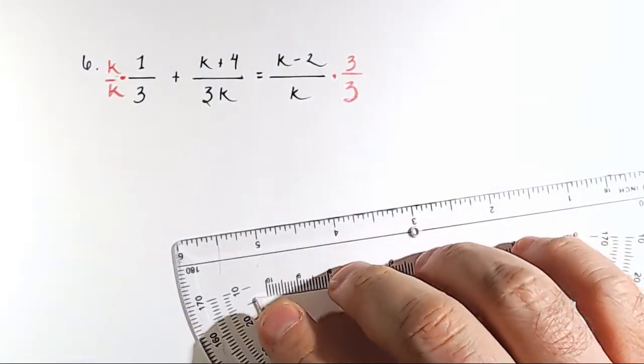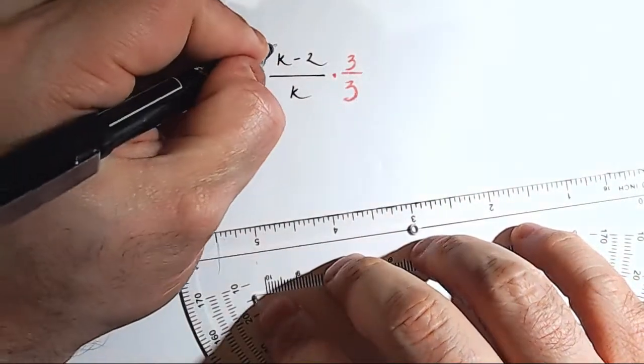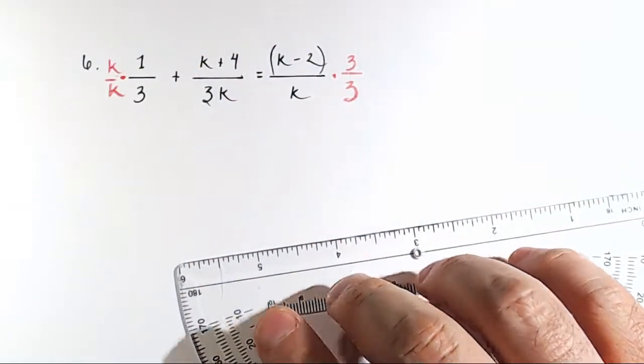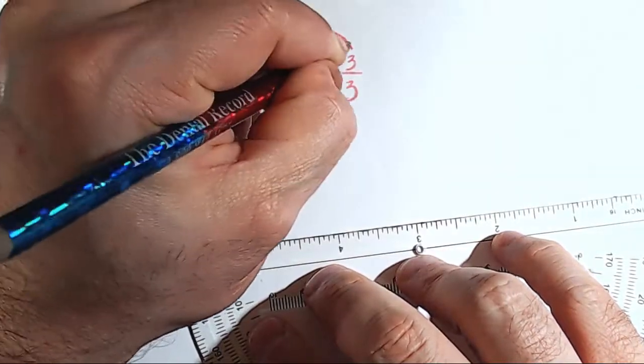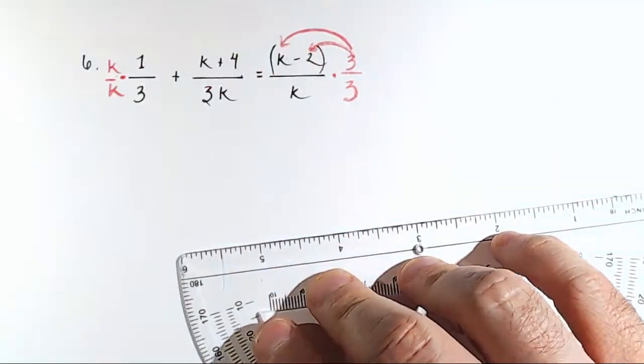Be careful when you do this, especially right here. We need to put this in parentheses, and we're going to multiply this 3 on top.